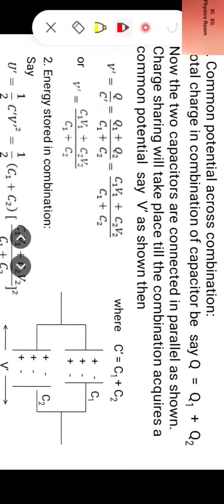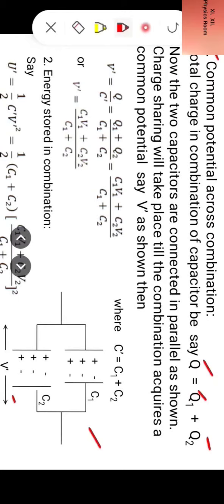Now second step, common potential across combination. Total charge in combination of capacitor be, say, Q is equal to Q1 plus Q2. Now the two capacitors are connected in parallel as shown in diagram. The charge sharing will take place till combination acquires a common potential, say V dash, as shown.